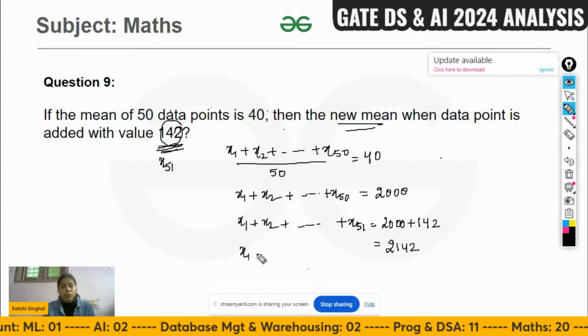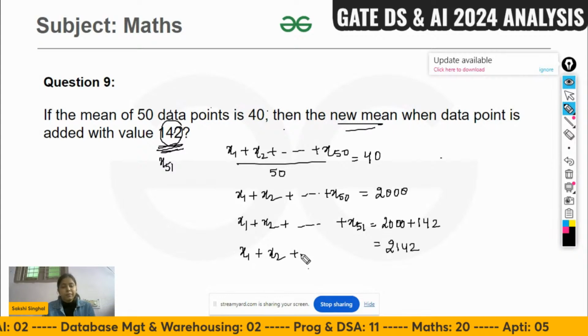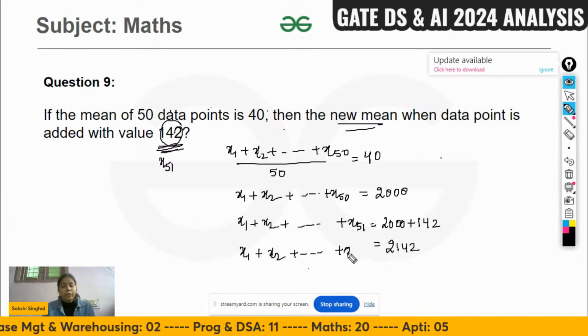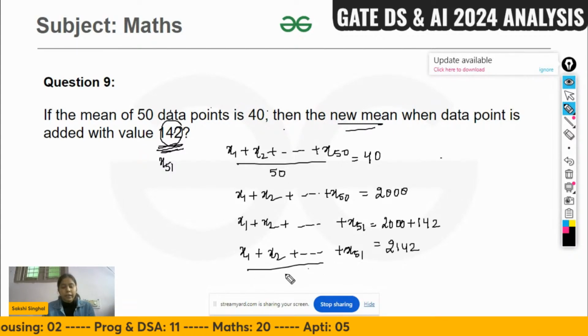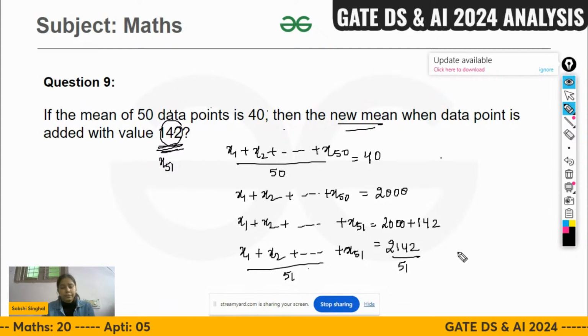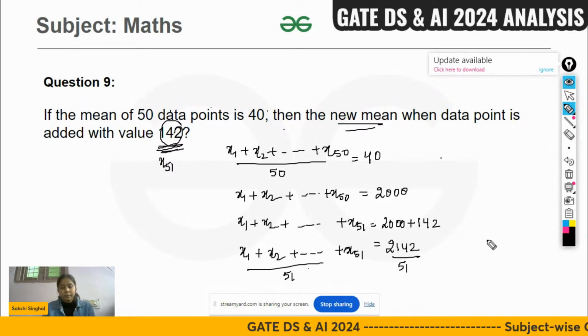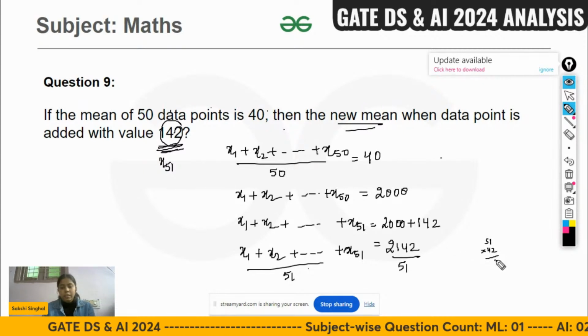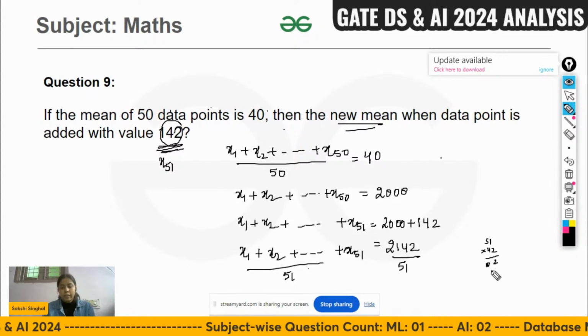And now if I want to find the average, what would I do? I'll divide it by 51, right? So let's divide it by 51. Let me know, guys, what would you get? Let me see. 5 twos are 10.